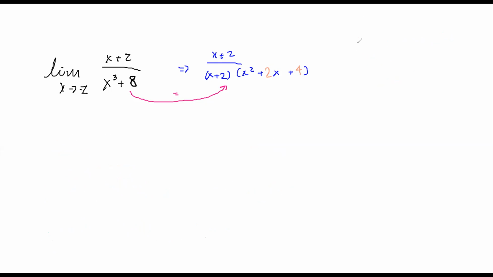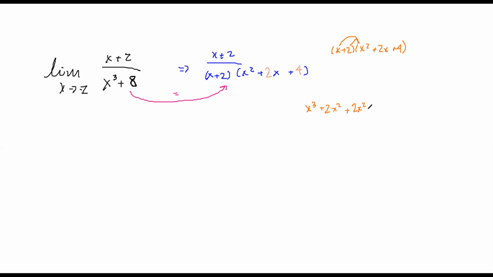Okay, so let's just double check this. We have x plus 2, and we have x squared plus 2x plus 4. So that's x cubed plus 2x squared plus 2x squared. Sorry, I'm just doing it like this, and then I'm going to do the next 2 with this 2x here.